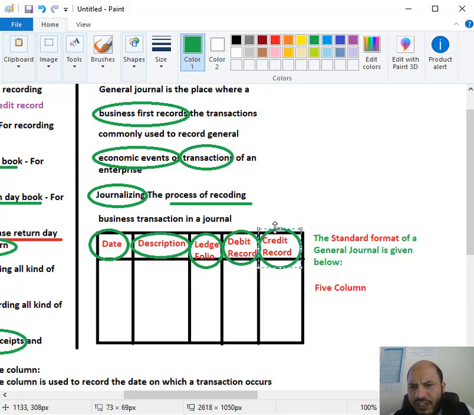So this is the standard format, and when you are recording a business transaction, you can draw general journal as we have drawn over here.